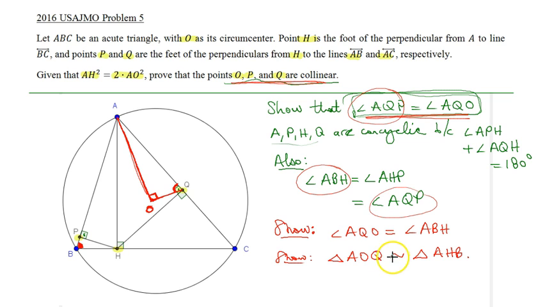So in fact, let me just mention it here. A couple of things first before I go further. I claim that this angle here, angle BAH, is actually equal to this angle here, angle OAQ.